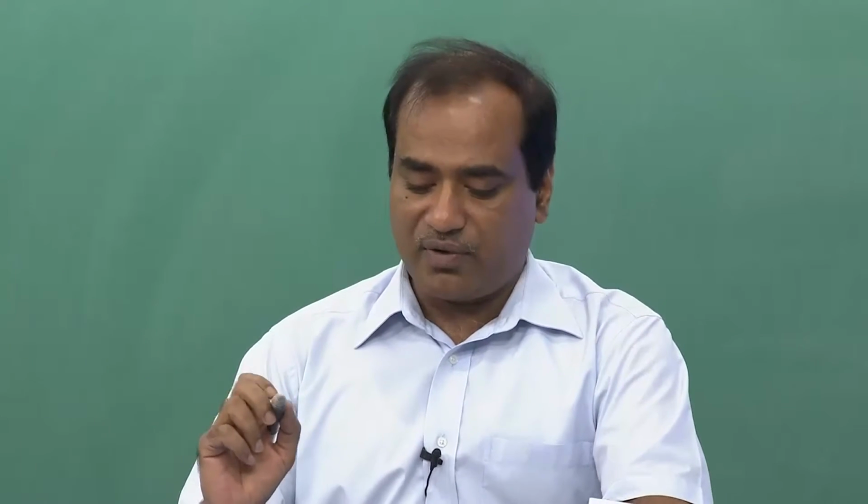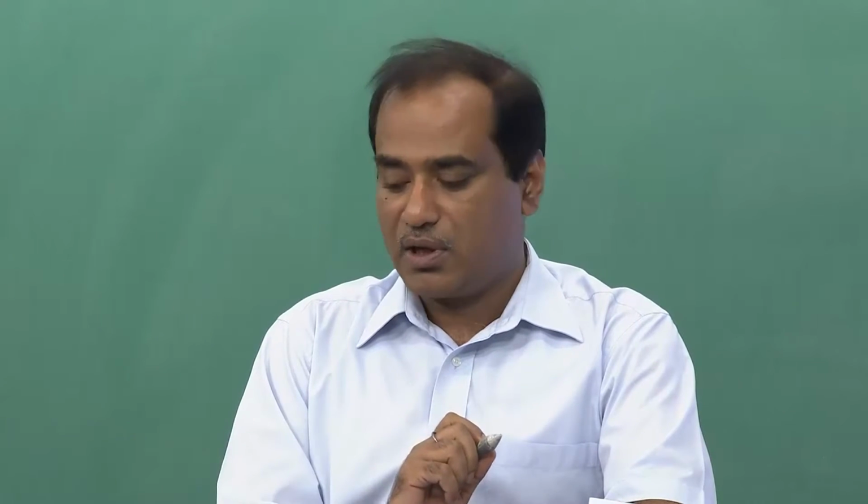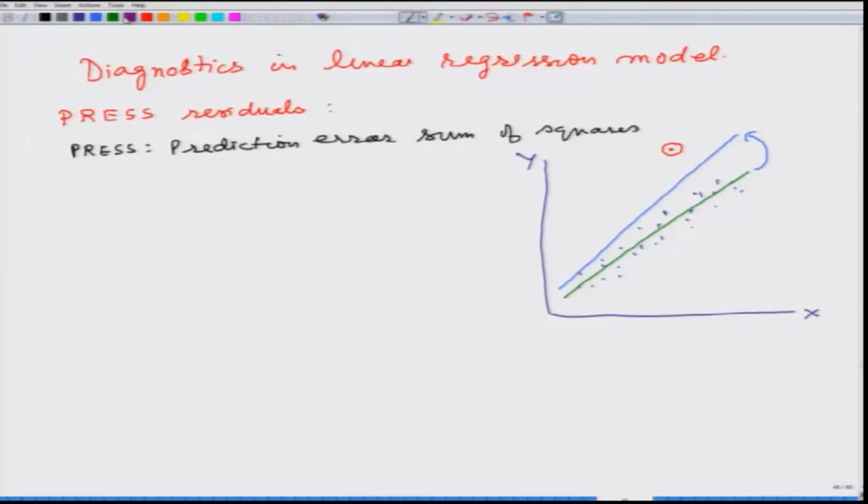The idea of developing a tool to identify such observations is very simple. You can see here that when we have all the observations where there is no unusual observation, we have a line which is given by the green color. Now, when we add an unusual observation here, the regression line is shifted, and this blue line is the new regression line. So now, the idea which we are going to use is the following.